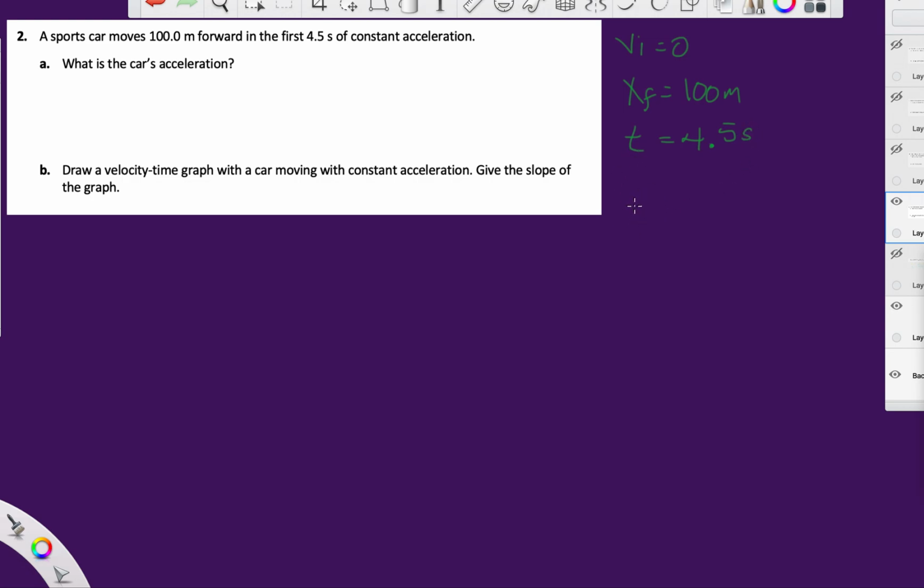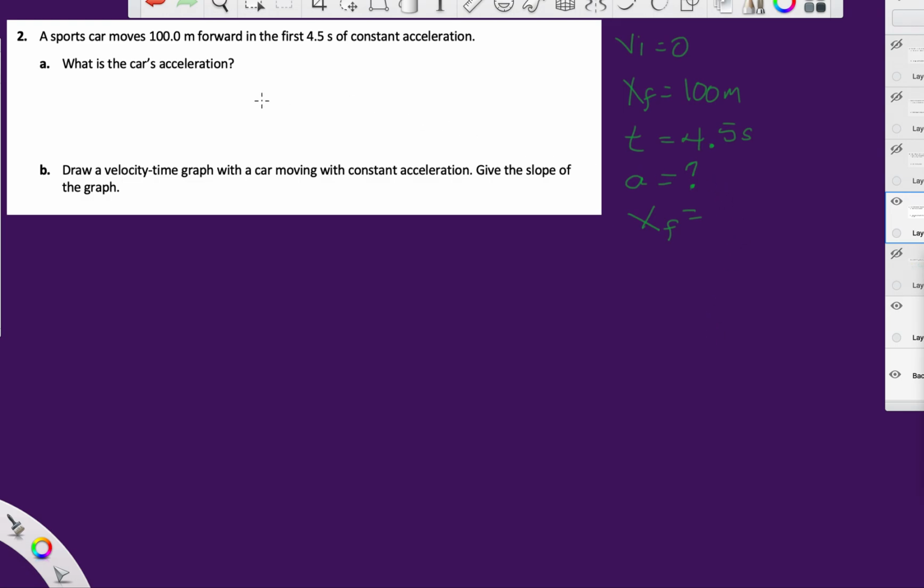Now we're going to use the same formula, but we're going to solve for something different. We're solving for acceleration. We don't know that just yet. So that's our unknown. I'm still going to use x final, and there's no initial displacement, so I'm not going to put x initial up here.